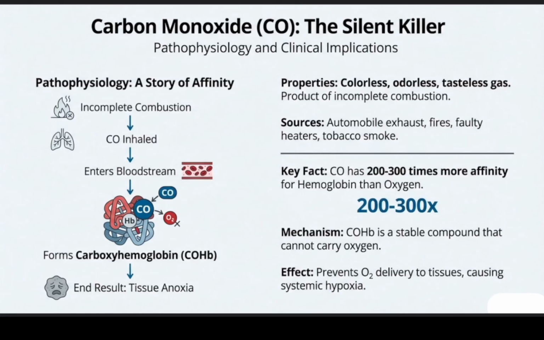Basically, hemoglobin has a habit of binding carbon monoxide more than oxygen. So when carbon monoxide is there, it forms carboxyhemoglobin, and the end result is tissue anoxia.